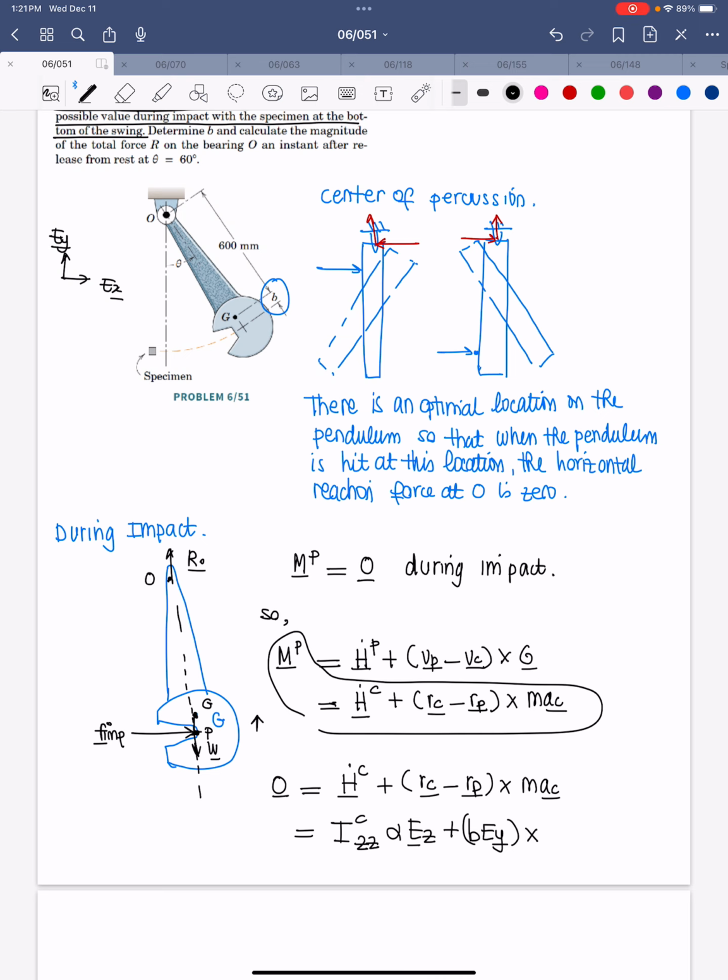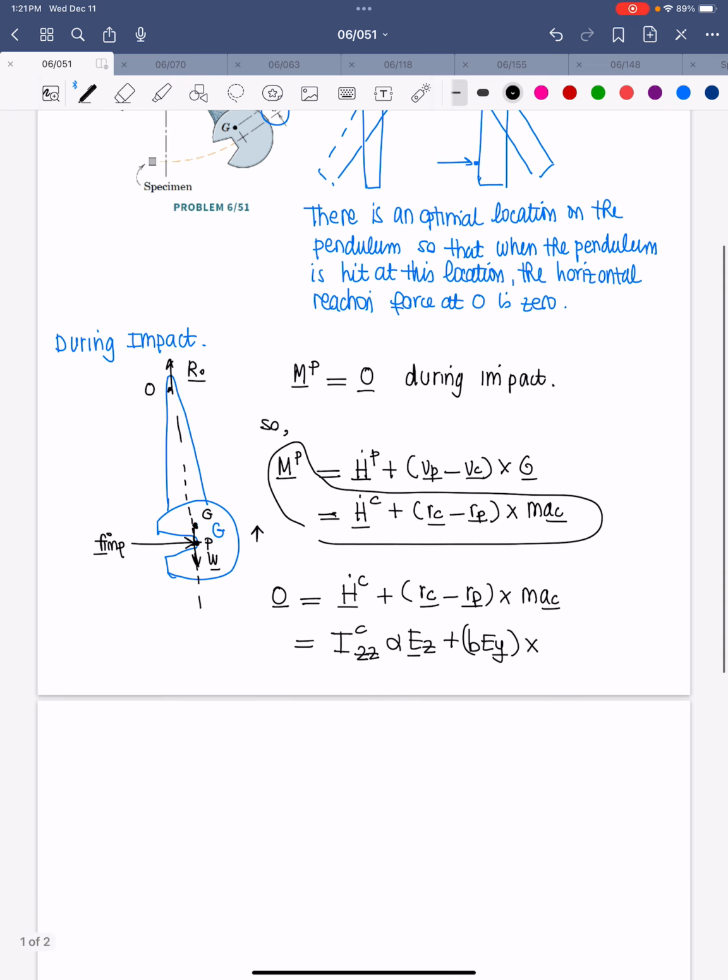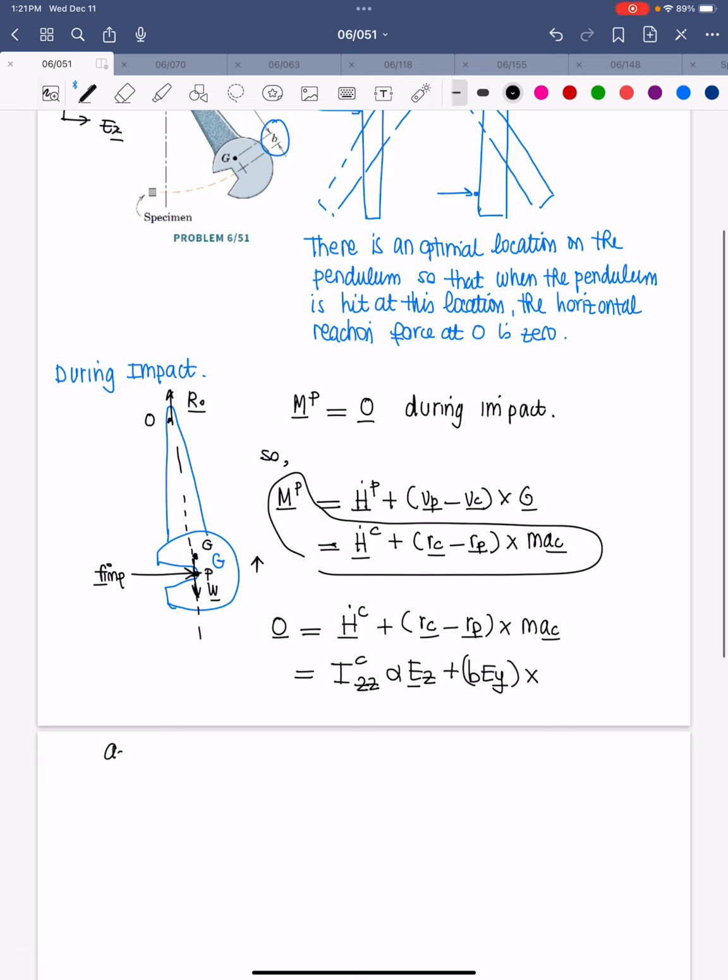The acceleration of the center of mass C, I can write as A_C minus A_O equal to alpha cross (R_C minus R_O) plus omega cross omega cross (R_C minus R_O).